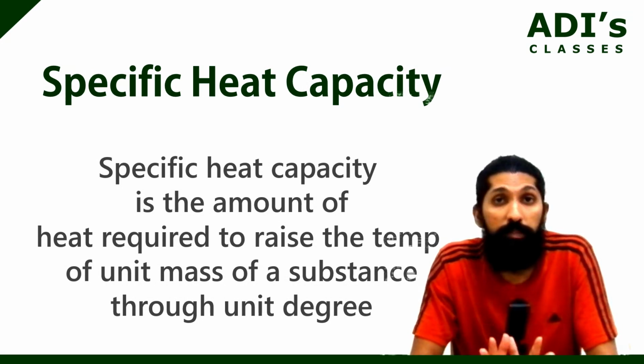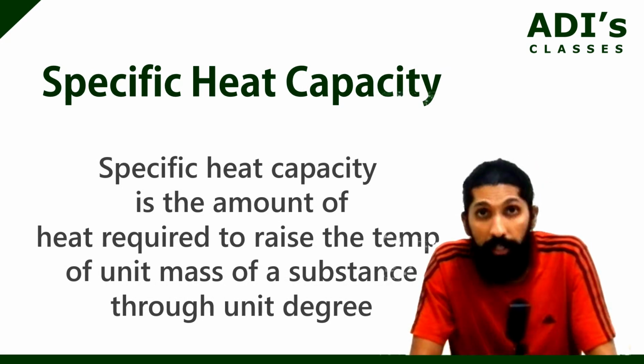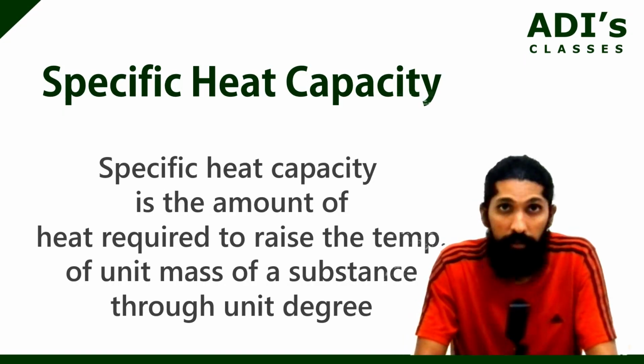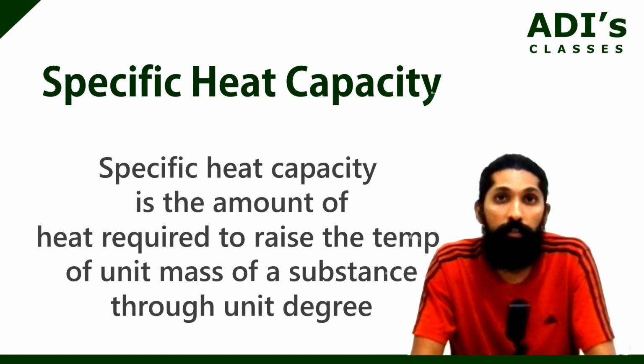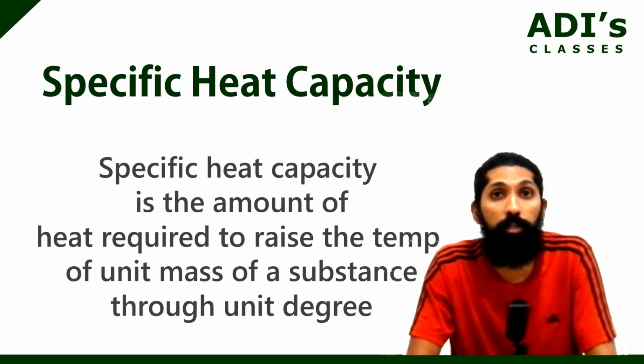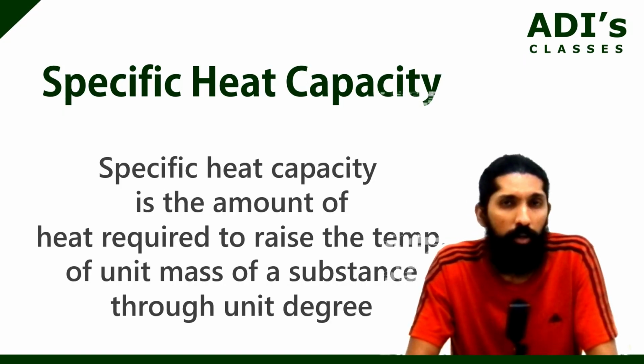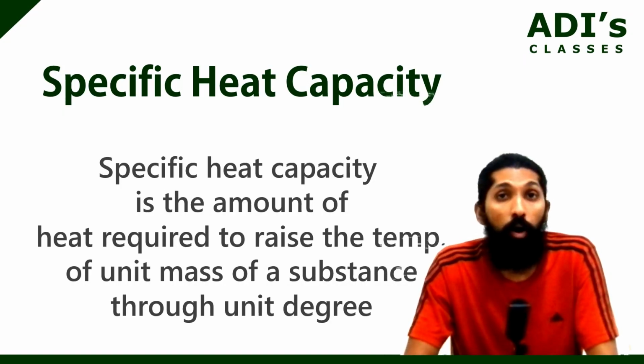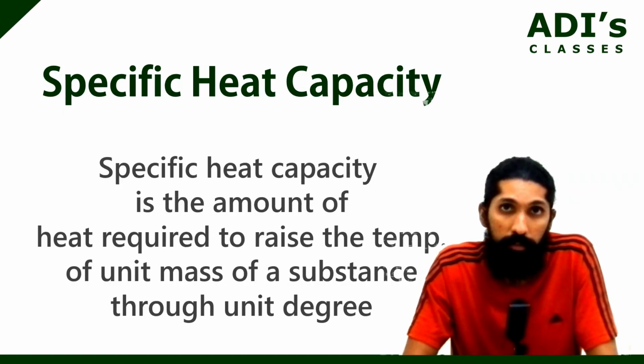The specific heat capacity of a material is the heat energy required to raise the temperature of a unit mass of a substance by 1 degree Celsius, or a unit temperature.